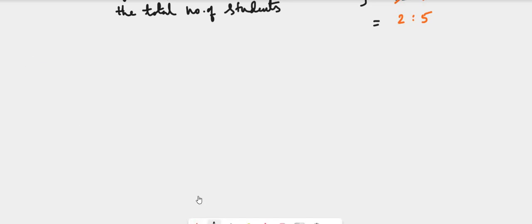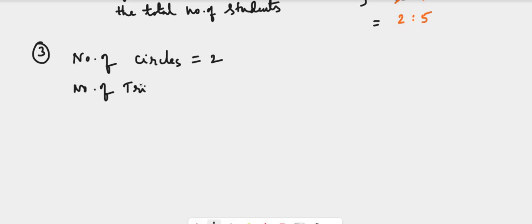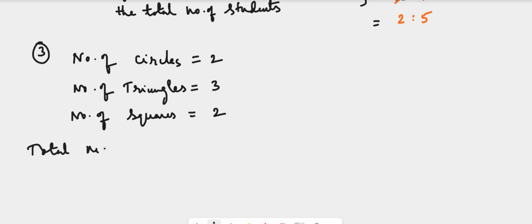If you write the question number 3, number of circles, 2, number of triangles 3, number of squares 2, equal to total number of figures, total number of figures in a rectangle 2 plus 3 plus 2, that is equal to 7.